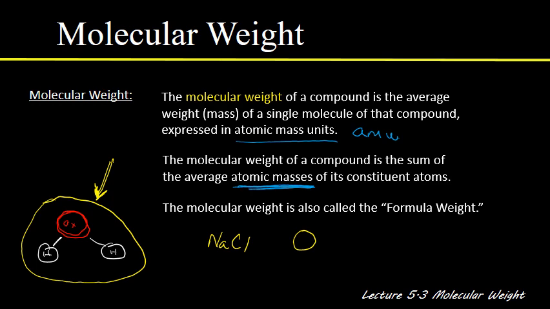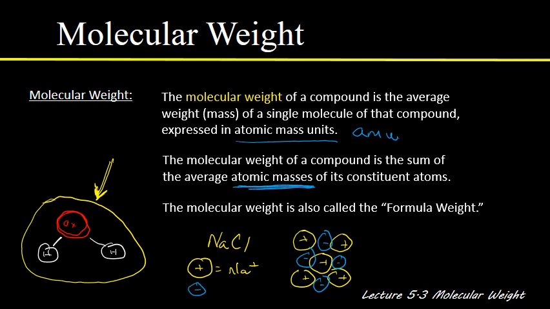Sodium chloride exists as an array of cations and anions, right, where you've got a whole bunch of sodium cations and a whole bunch of chloride anions, right? So it's just a group of cations and anions all linked together in this sort of three-dimensional array.